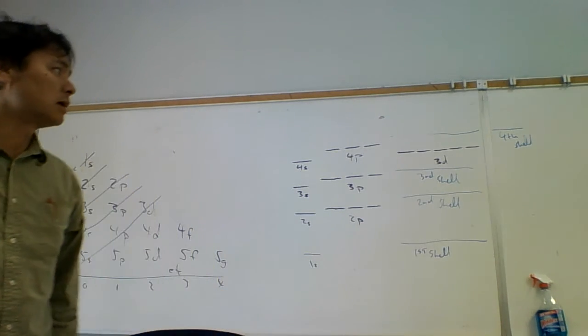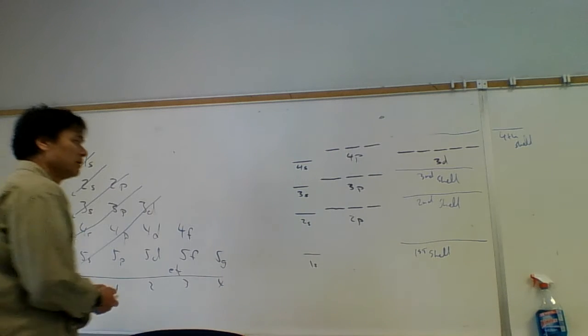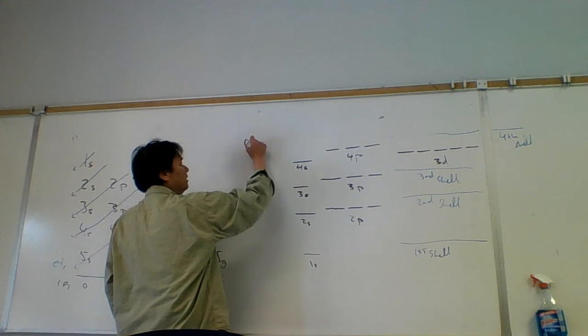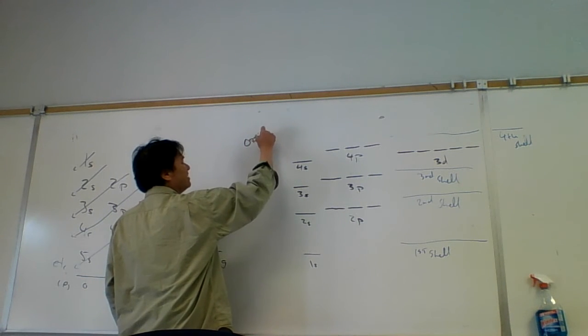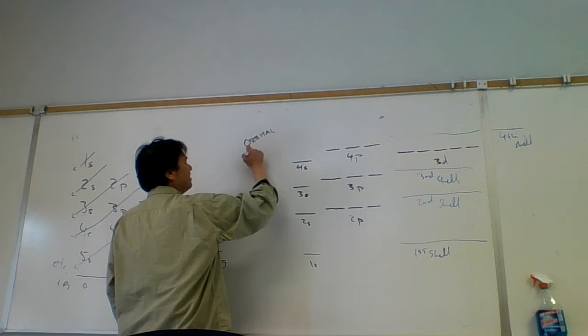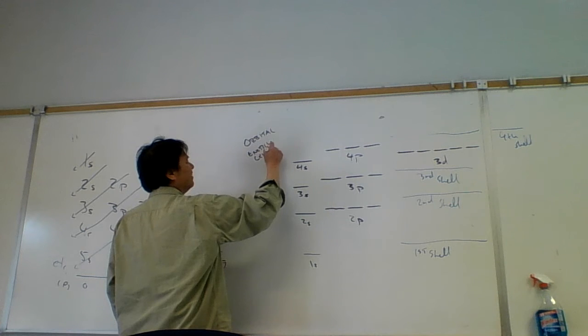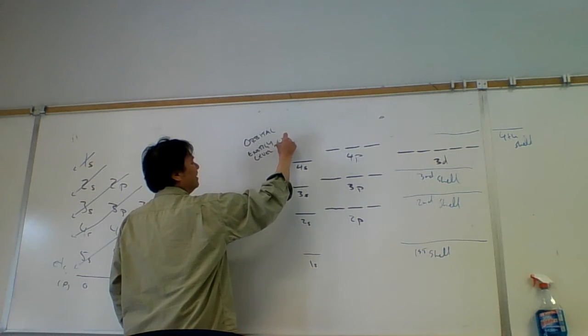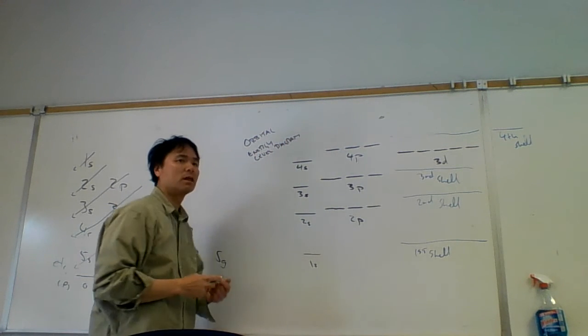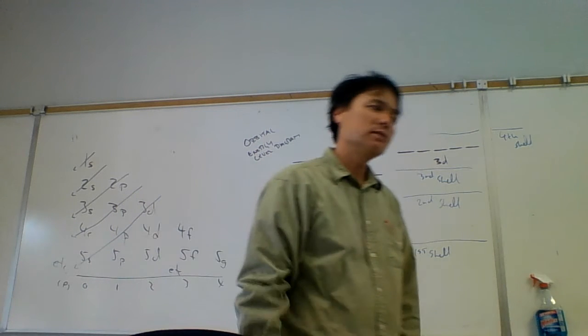And so this is what we want to be able to generate. We want to be able to generate the orbital. Well, this is the orbital energy level diagram. And this is for multi-electron species.